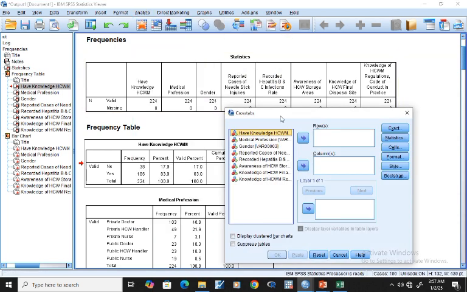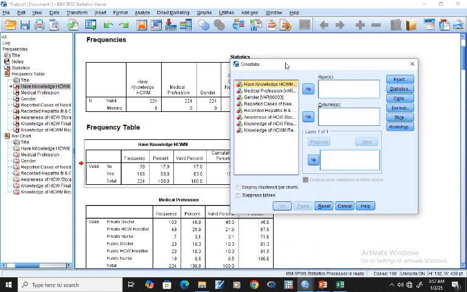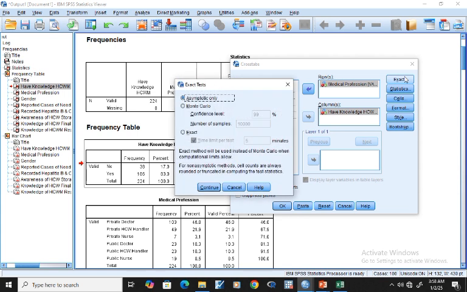And as I told you, another form of descriptive analysis is cross tabulation. So we make use of the cross tab where we can select knowledge to be on column, while let's look at medical professions on the row. Okay, and let's look at what we have at exact. So we don't need to check this.